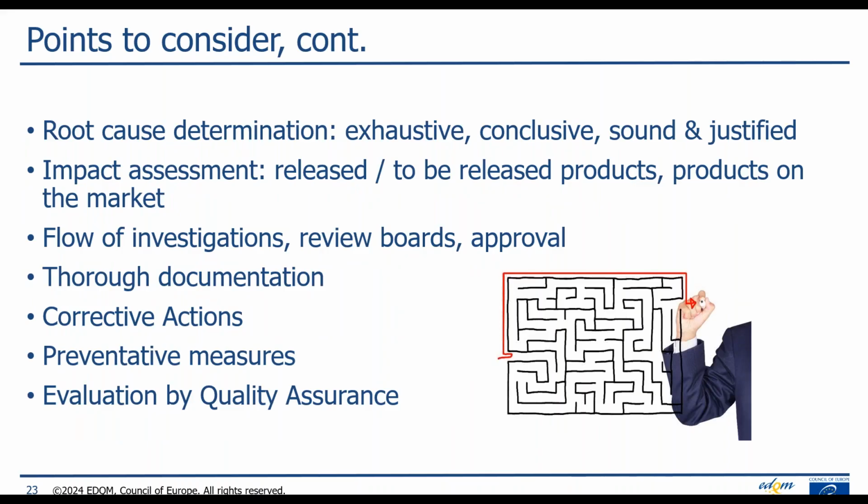Root cause determination, I said it already, impact assessment, products to be released or already on the markets, flow of investigations, who is going to be involved, who approves, thorough documentation, adequate corrective actions, preventative measures, and always involve the guys from quality assurance to have the overarching responsibility.